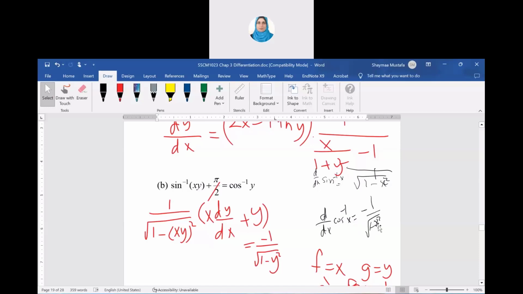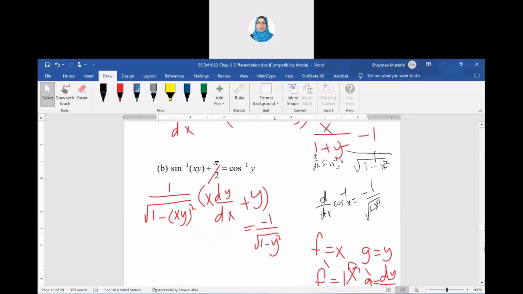So x squared will become y squared, multiplied by dy over dx. Now I found the derivative for each term. This term's derivative is 0, so cancel.